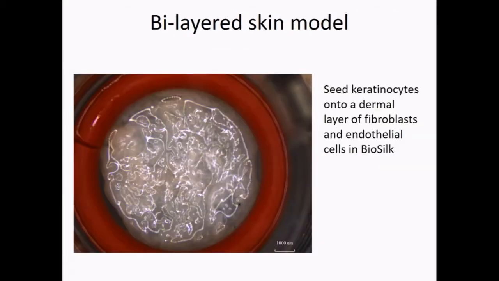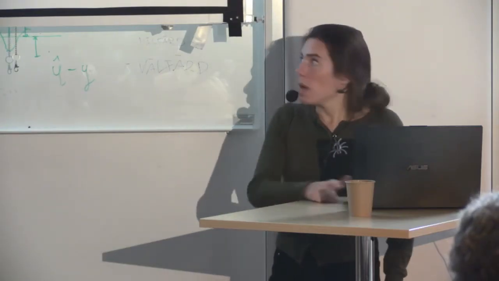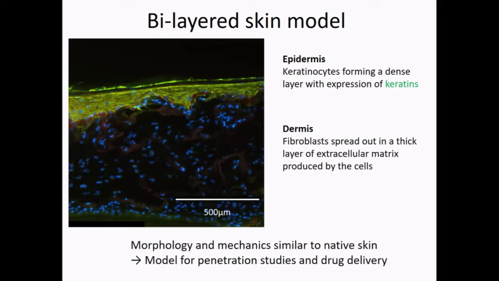So this first part, this is how it looks, a real photo of the first part of the skin that we make. And then we put the ring around it, and then we seed the next type of skin cells on top of this, to get this bilayered skin. And then we get something like this. This is a section of a skin piece that we made at the lab.